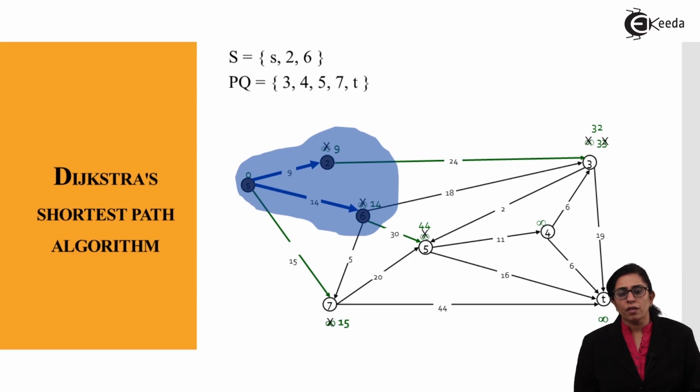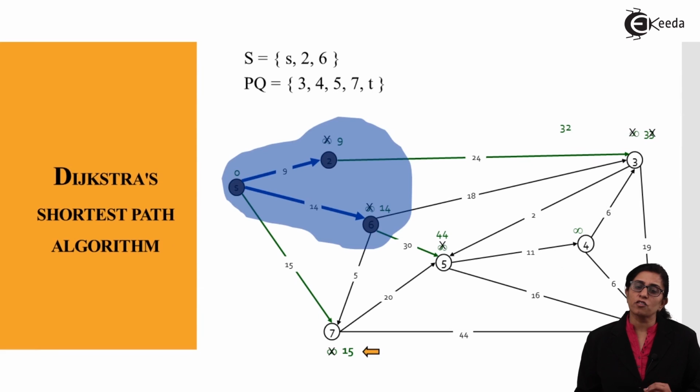From 7, you can see the arrows which are going out are to the destination, that is T. But I cannot reach T directly as I have not visited the other nodes. My other two nodes are still remaining, that is node number 5 and node number 3.